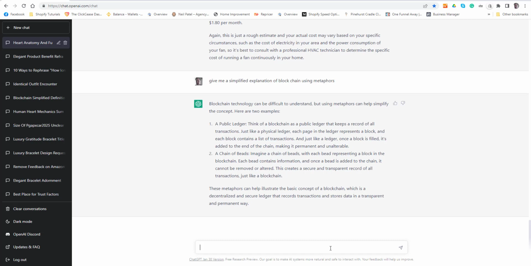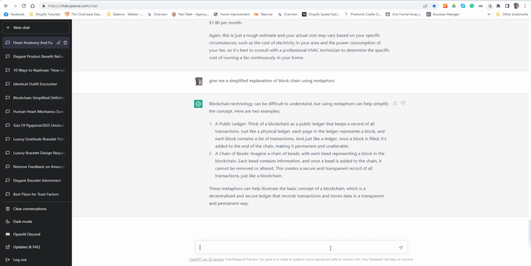Okay, so this is a little more complicated, but then it goes into a chain of beads. Imagine a chain of beads with each bead representing a block in the chain. Each bead contains information. Once the bead is added to the chain, it cannot be removed or altered. It creates a secure, transparent record for all transactions, just like the blockchain. These metaphors can help illustrate the blockchain.